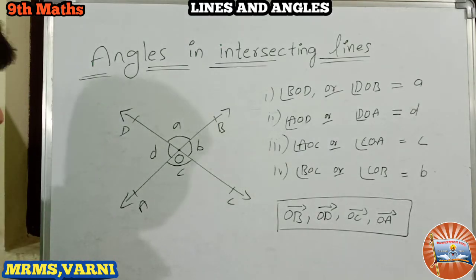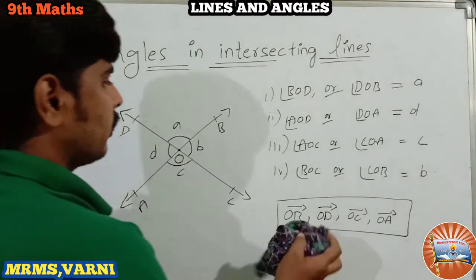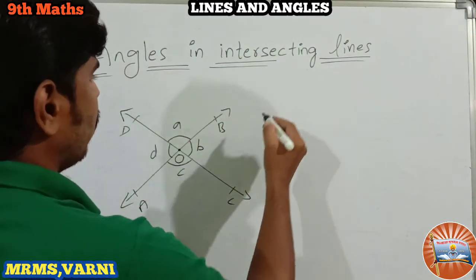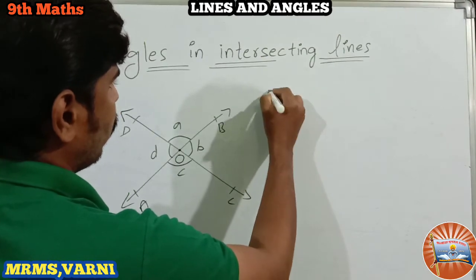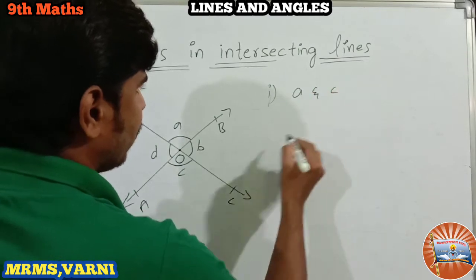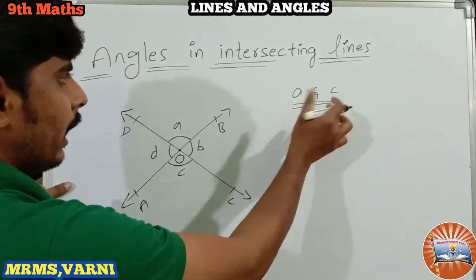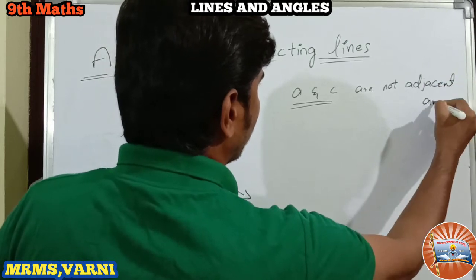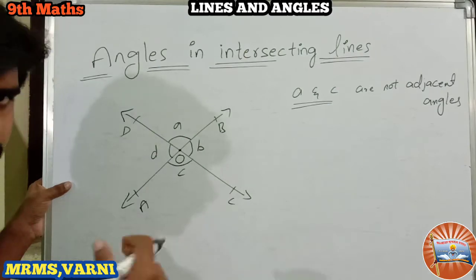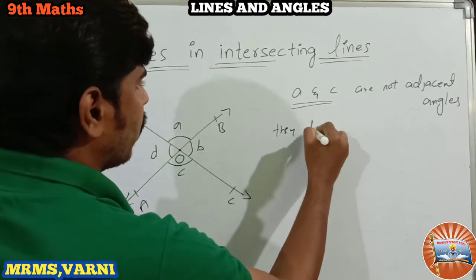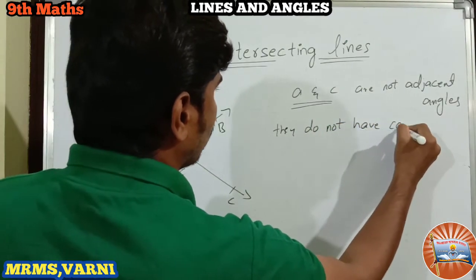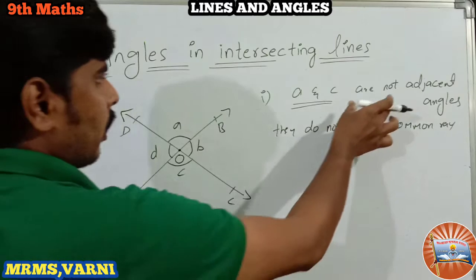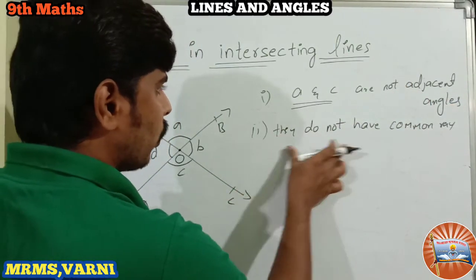Look here, I'm erasing. Angle A and angle C are not adjacent angles, and they do not have a common ray, which means a common arm. First, they are not adjacent angles, and second, they do not have any common ray.